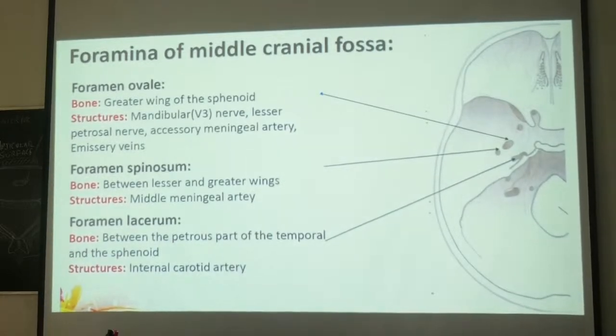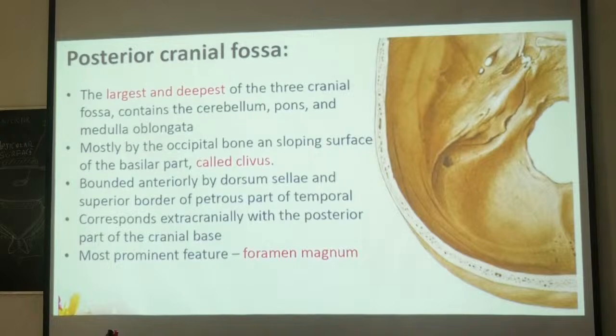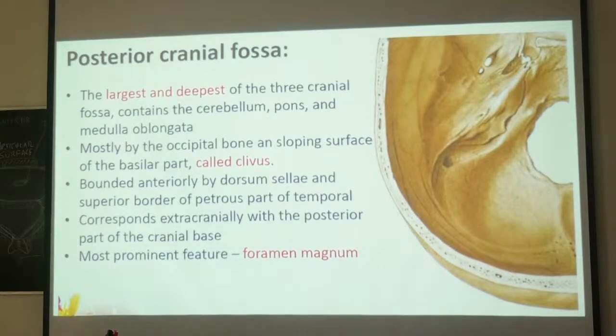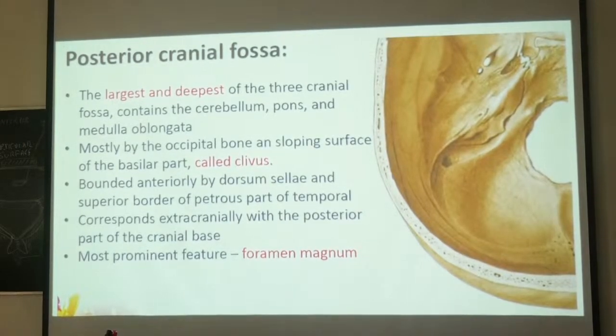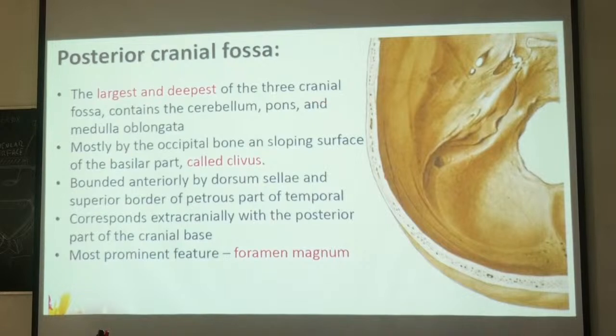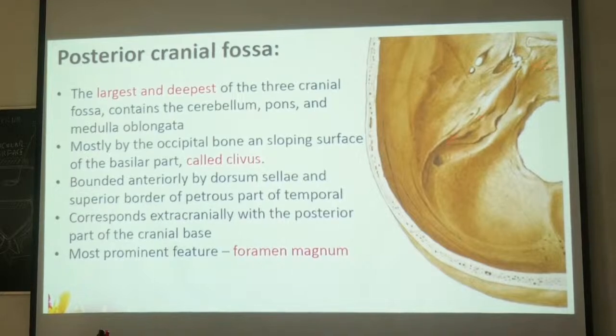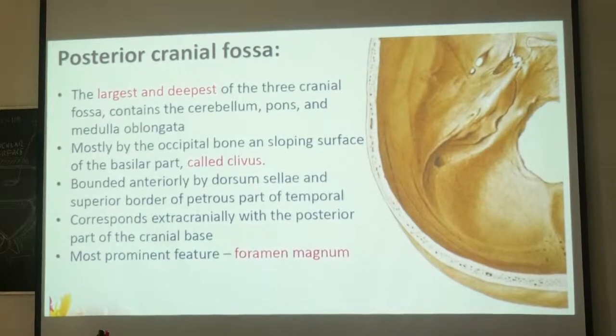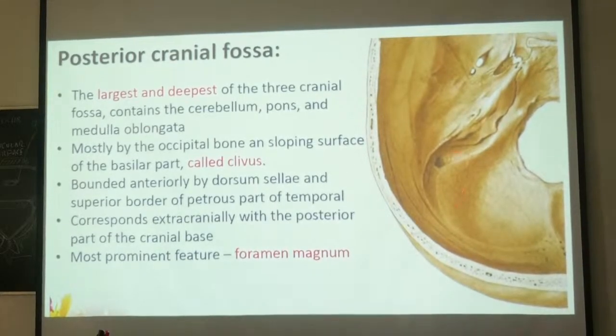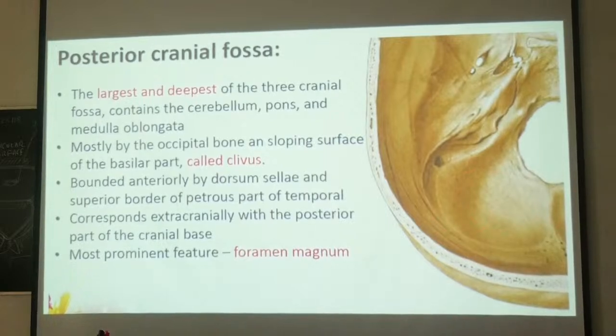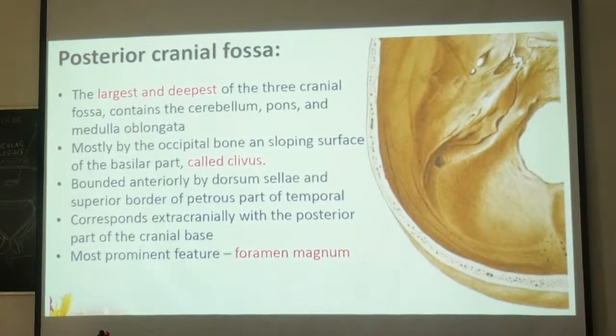Okay, next we go to the posterior cranial fossa. It is the largest and deepest of the 3 cranial fossae. See, this is the petrous part of the temporal. From here, the whole of the part is the posterior cranial fossa. It contains the cerebellum. See, this depression lodges the cerebellum, pons, medulla oblongata.